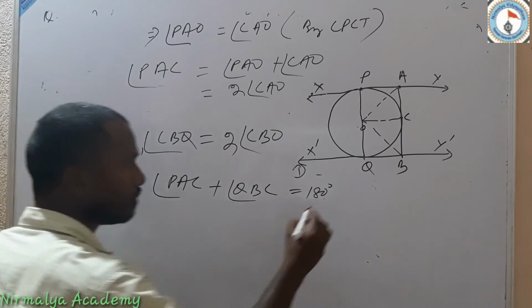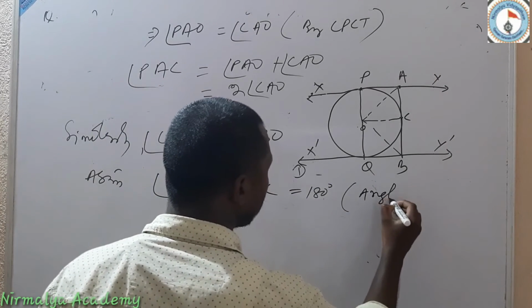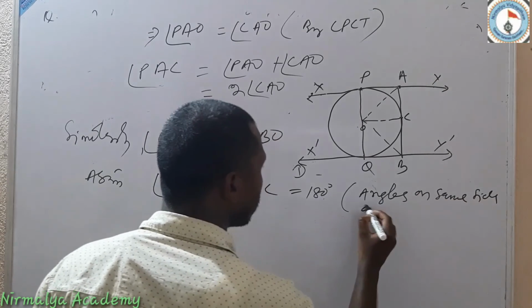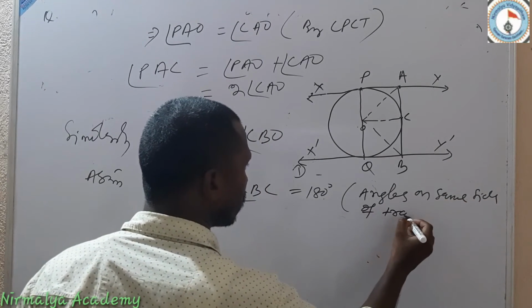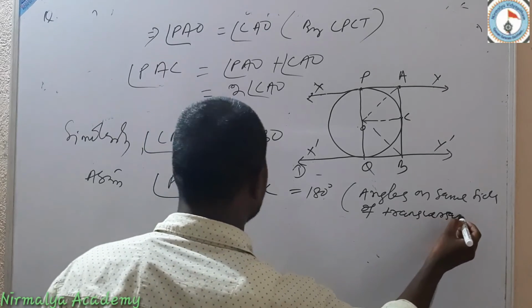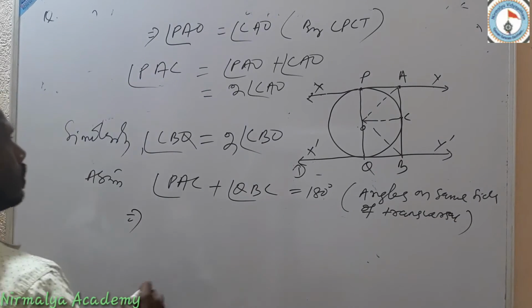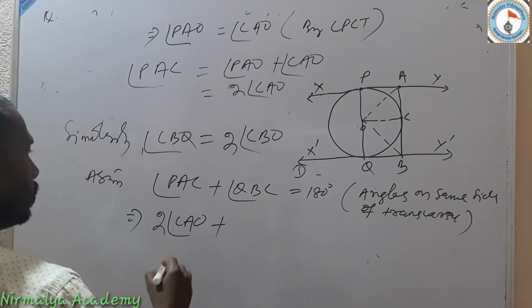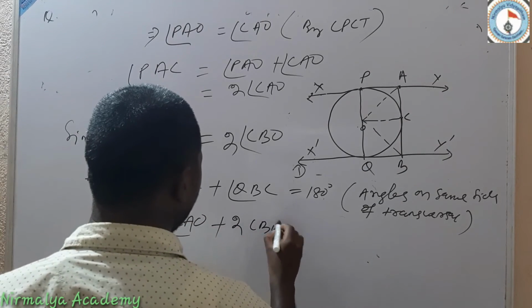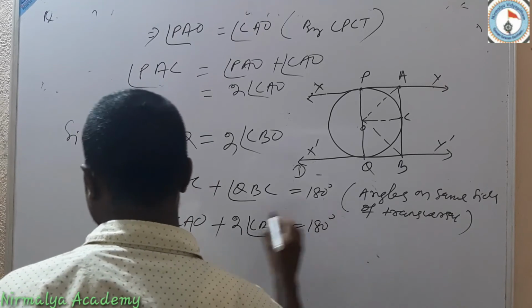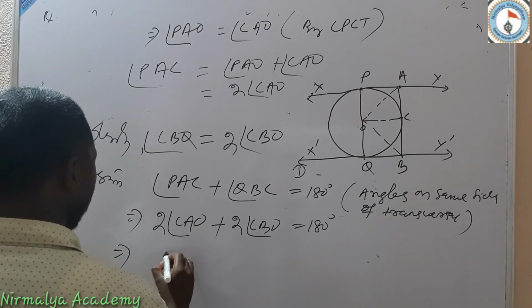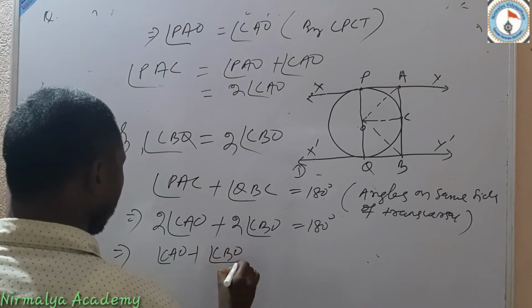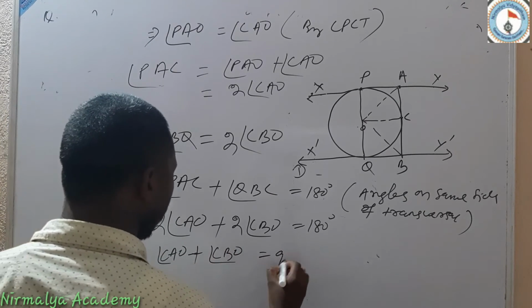Angles on the same side of the transversal. That implies 2 CAO plus 2 CBO equal 180. Taking 2 common, angle CAO plus angle CBO equal 90.